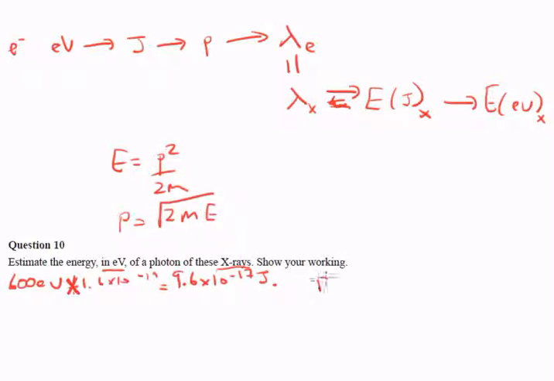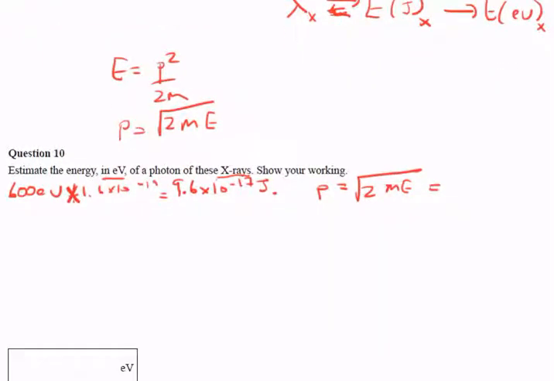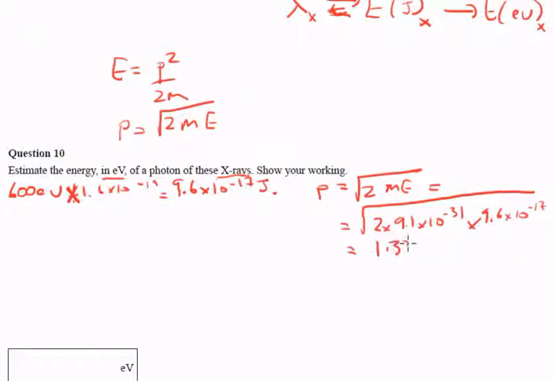So P equals the square root of 2mE, which equals, I'll put it down here, the square root of 2 times 9.1 by 10 to the minus 31, the mass of an electron, times the energy I've just worked out, 9.6 by 10 to the minus 17, which equals 1.32 by 10 to the minus 23. Alright, we've got P.